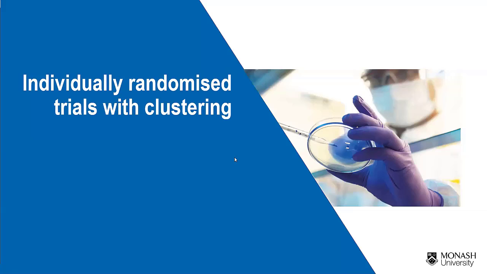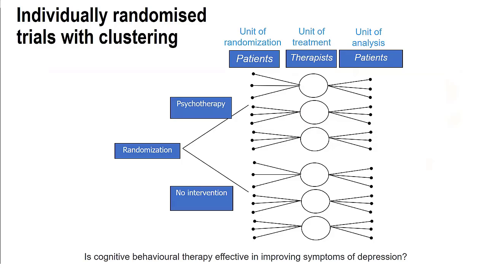Okay, individually randomized trials with clustering. Here's an example where we might be interested in a trial examining the effect of cognitive behavioral therapy. Is it effective in improving symptoms of depression? We've got two intervention groups: psychotherapy and no intervention. We randomize participants to receive either psychotherapy or no intervention.